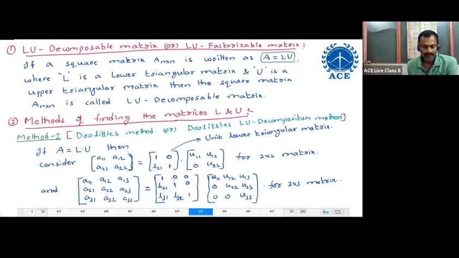So to find the L and U matrices, we do it like this according to Doolittle's method. The other method is Kraut's method. In Kraut's method, we consider the upper triangular matrix as a unit upper triangular matrix. That is the only difference. Method 2.